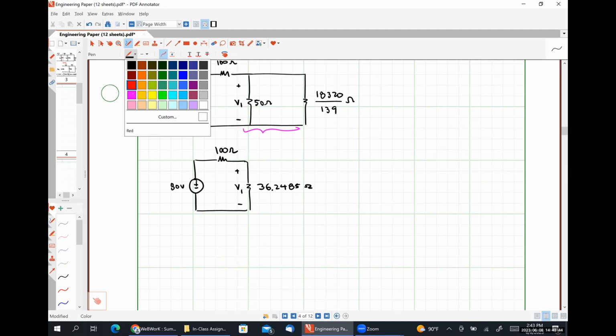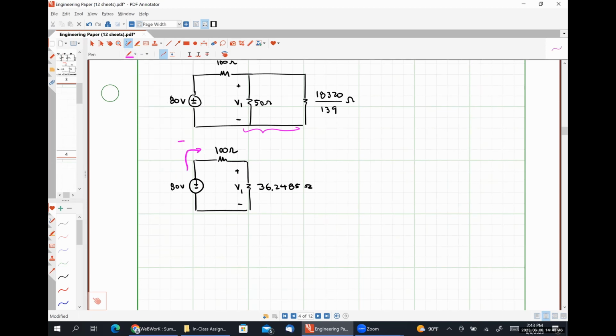So I could say that this current I would be 80 volts divided by 100 ohms plus 36.2485 ohms.